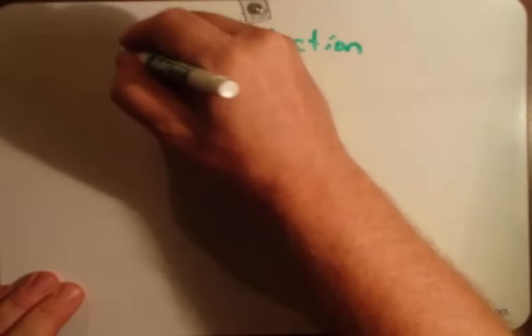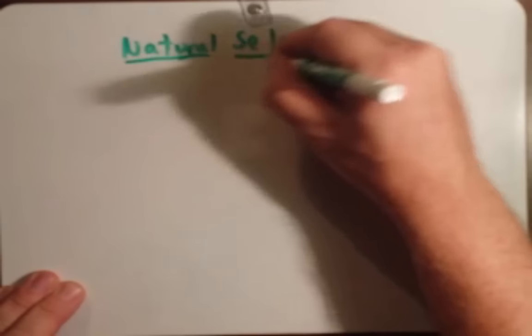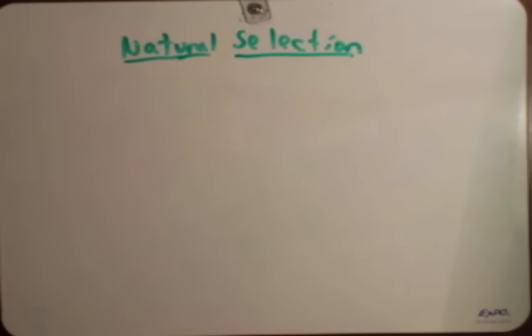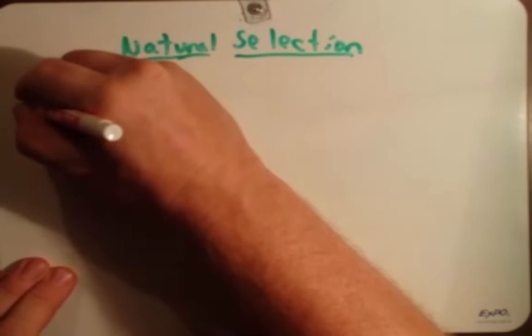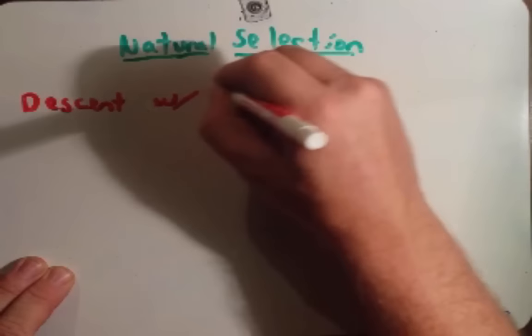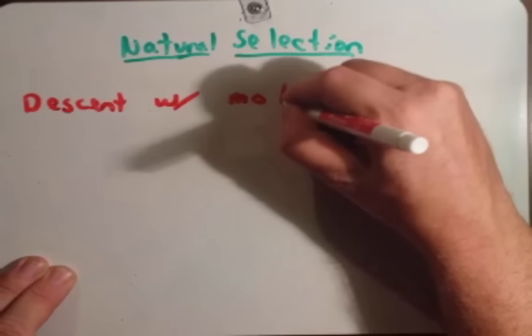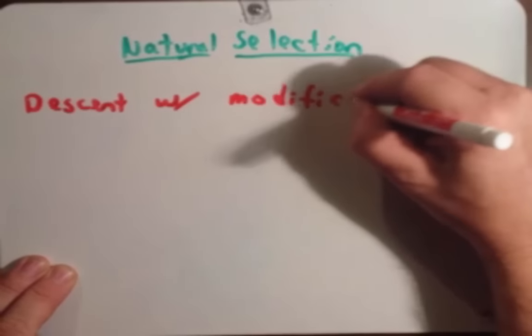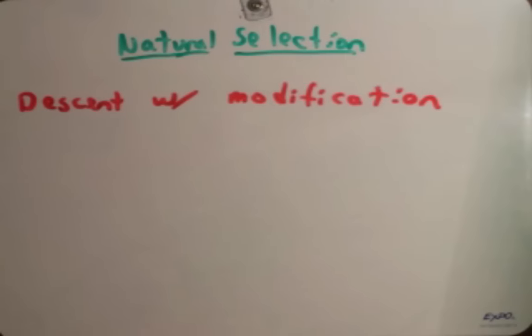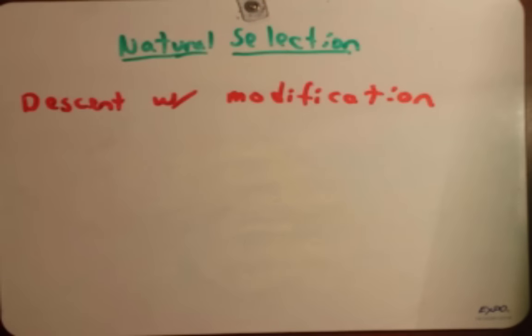Now, before we talk about natural selection, I want to talk about another term that Charles Darwin came up with. That term was called descent with modification. It's a very interesting phrase. So what did he mean by descent with modification?